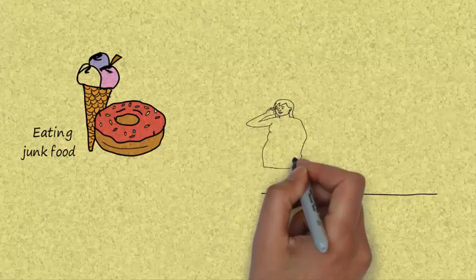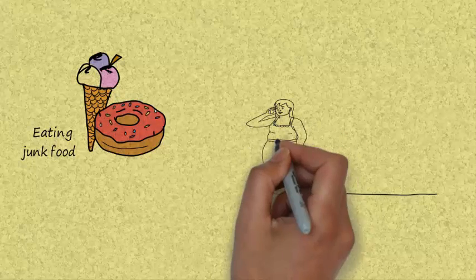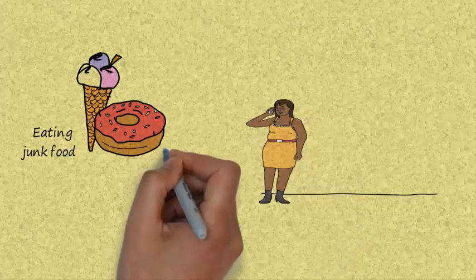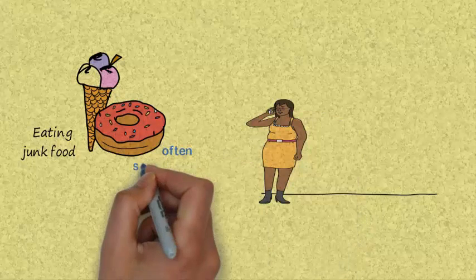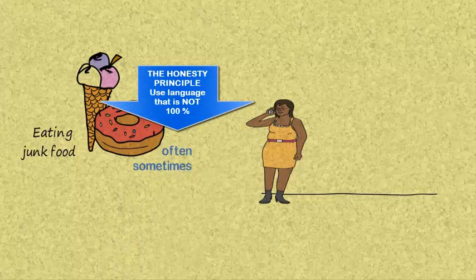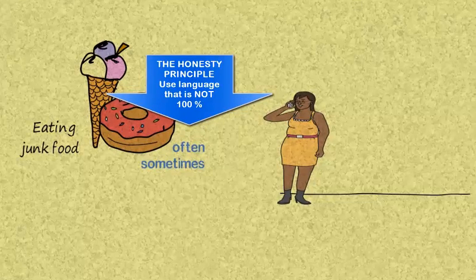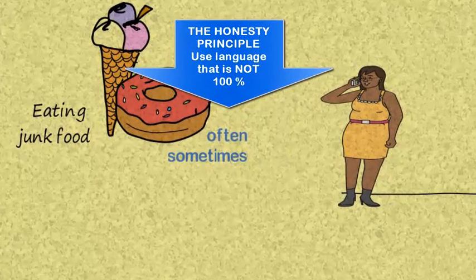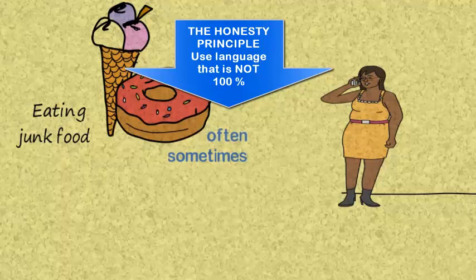But we're going to use some of these words. Now, this is the language. The blue language in the middle is the important language to consider. Now, it's not always true, so we want to be honest. This is called the honesty principle as well, in terms of cause and effect language, where we're using words like often or sometimes to indicate to the reader or the listener that we are aware that this is not 100% of the time.